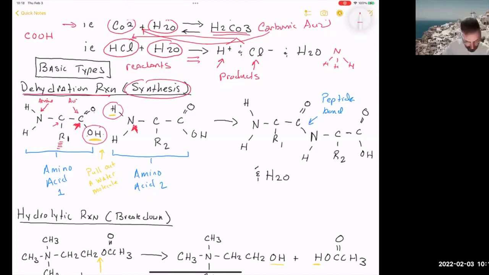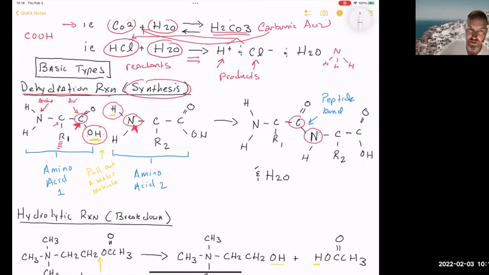So I've got a hydrogen and an oxygen, or I have H2O. So I pull that out of this situation during that chemical reaction. And what happens is that carbon, you can see here, has now chemically combined with this nitrogen.